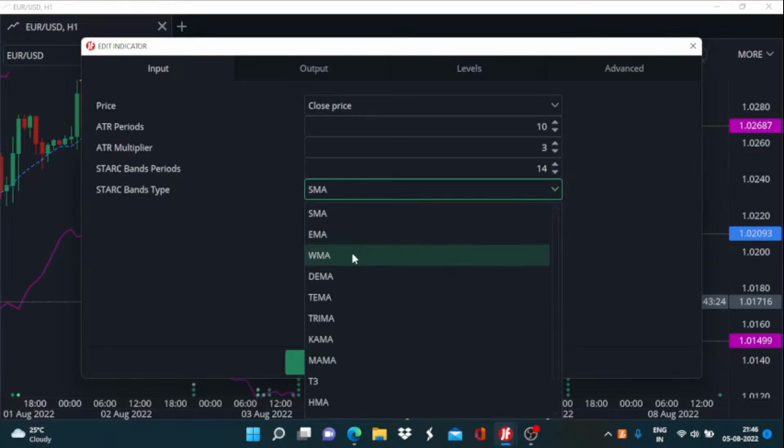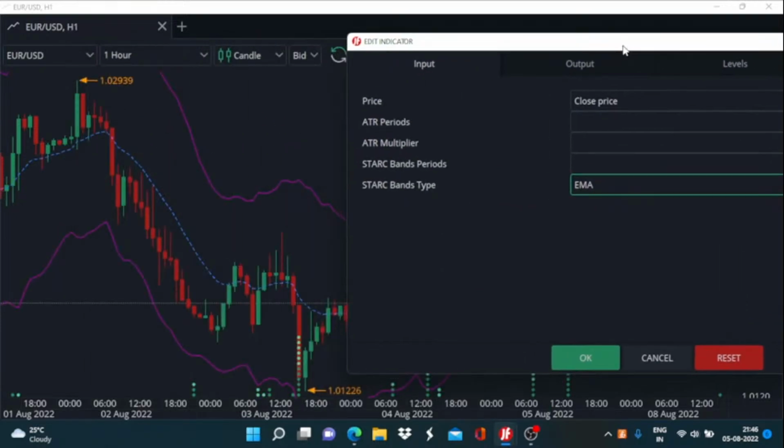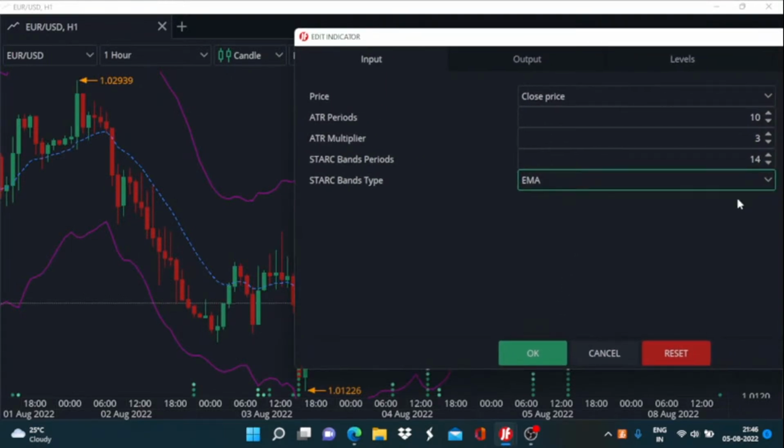We can utilize different kinds of moving averages here, so we will have a lot of variability in the plotting of these start bands depending on what kind of moving average we are using. If we go for the EMA, you will have price moves which are a lot more responsive compared to the SMA.